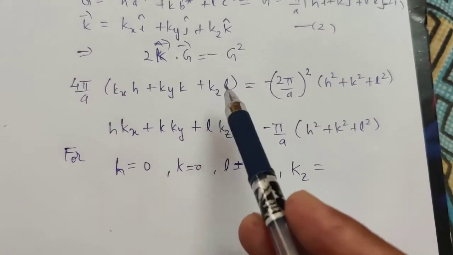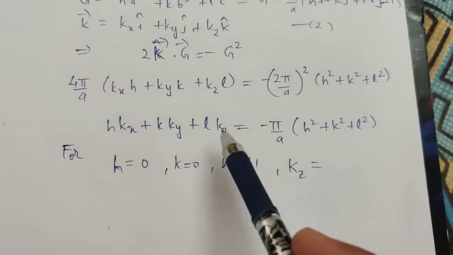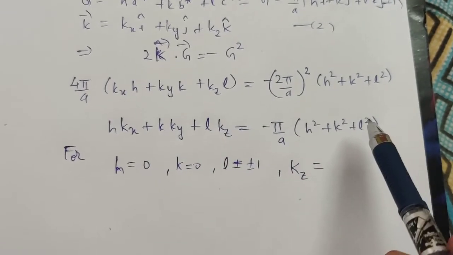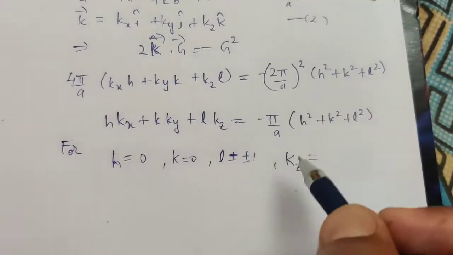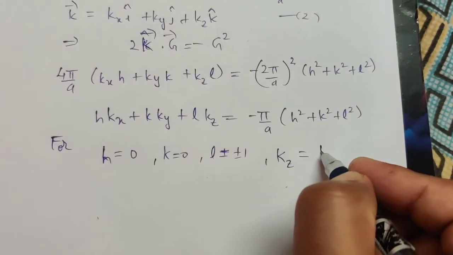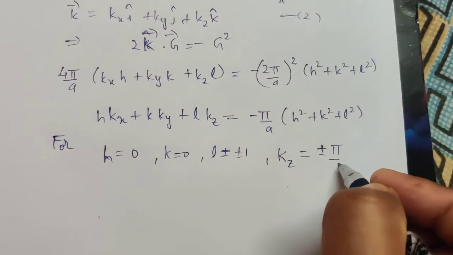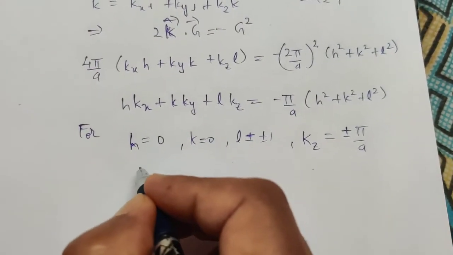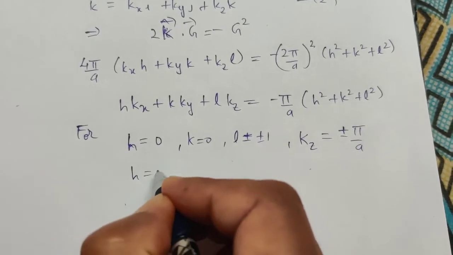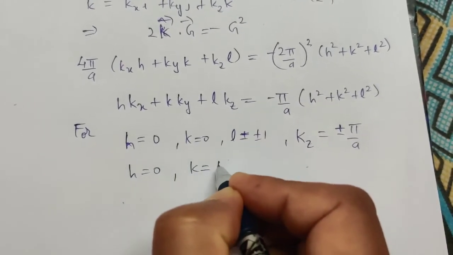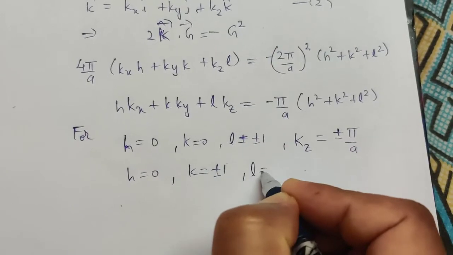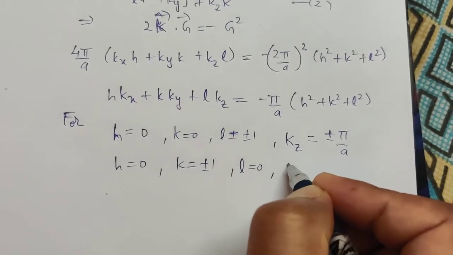So kz will be plus minus pi by a. Similarly for h equal to 0, k equal to plus minus 1, and l equal to 0, we will now find your ky.